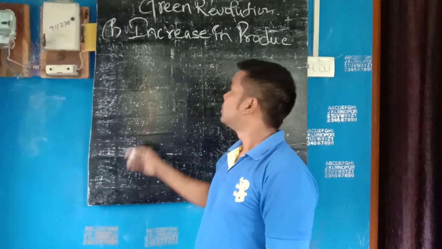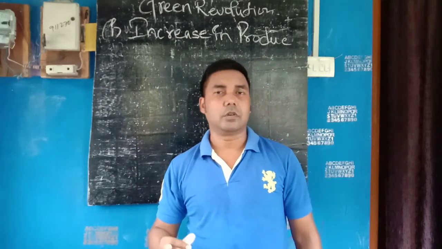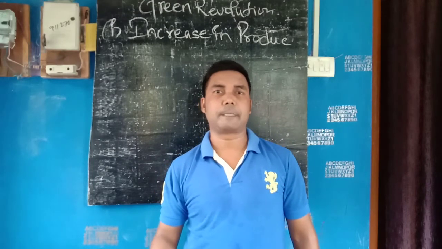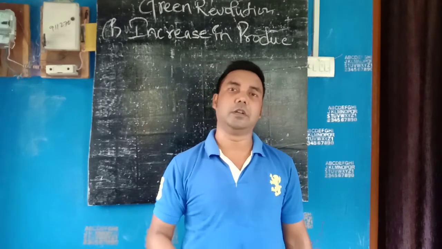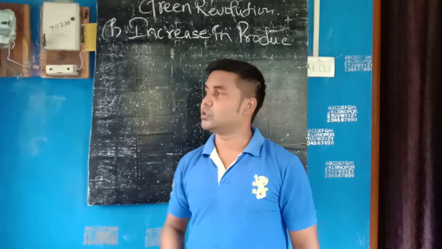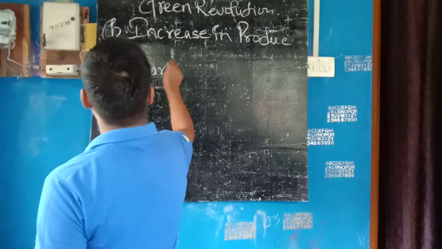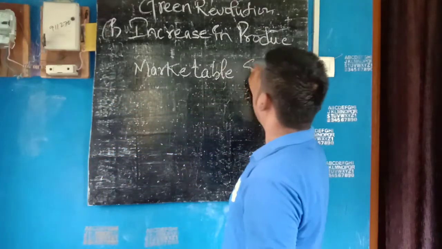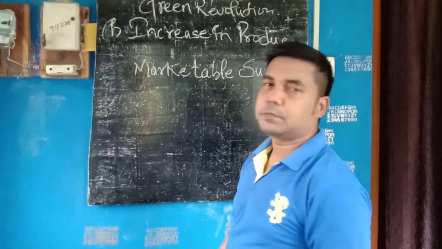So see here, if the farmer is implementing all the tools and machineries, but the farmer is satisfying themselves only, then it is not called marketable surplus. So now what is marketable surplus?